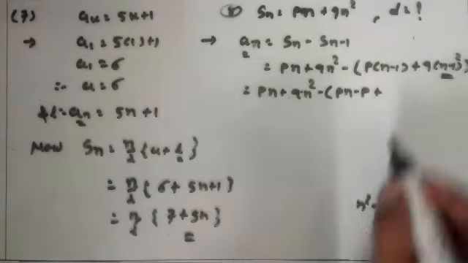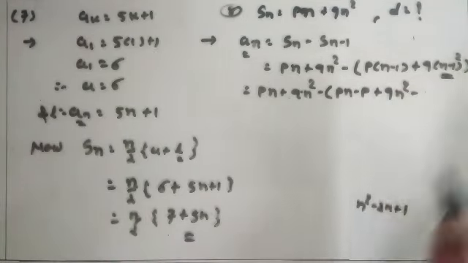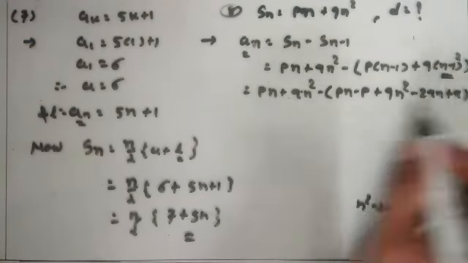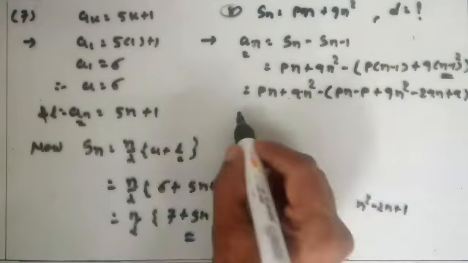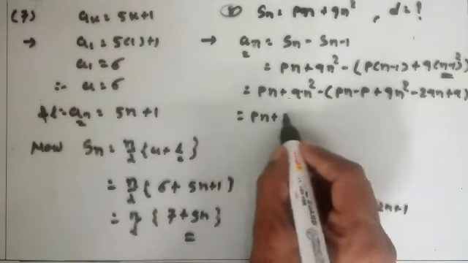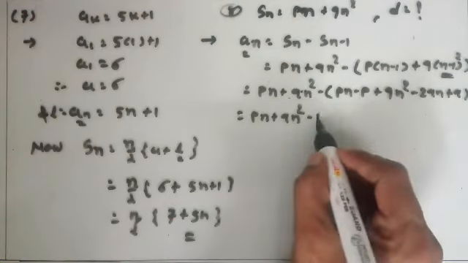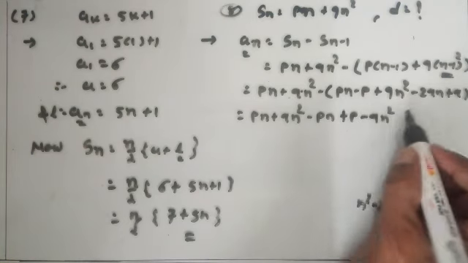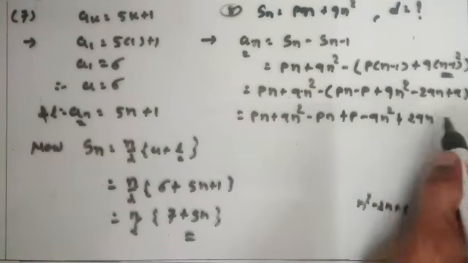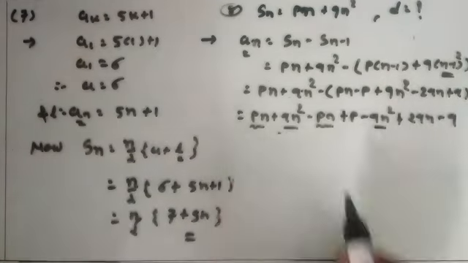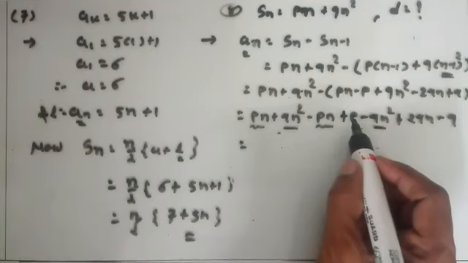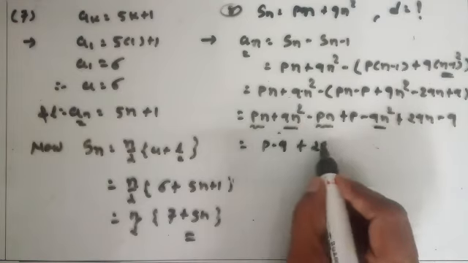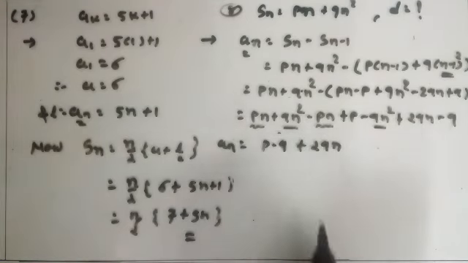Taking Q inside, it becomes Qn square minus 2Qn plus Q. Now opening the bracket, we get Pn plus Qn square minus Pn plus P minus Qn square plus 2Qn minus Q. Simplifying, we get P minus Q plus 2Qn. This is the nth term.